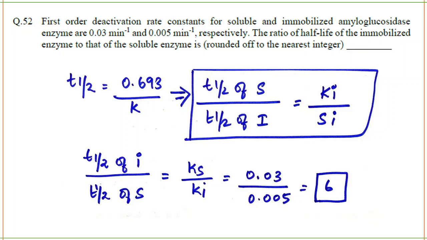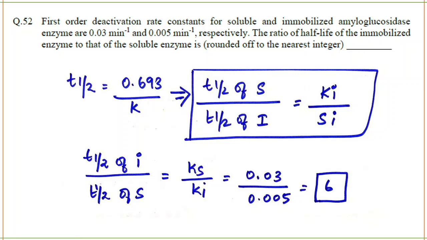They are asking you the half-life ratio. So half-life, you know, T half is equal to 0.693 by K. Here we are considering two things: soluble and immobilized amyloglucosidase enzyme. So T half of the soluble enzyme divided by T half of the immobilized enzyme.